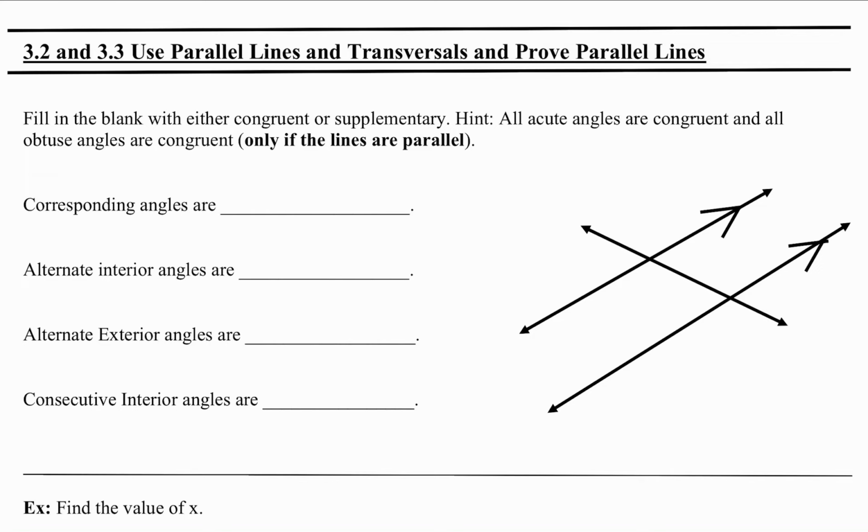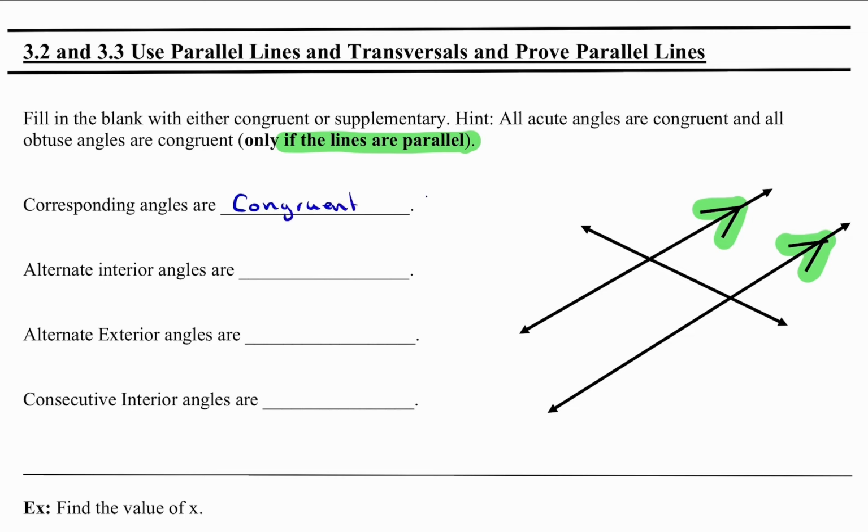We're just going to press on ahead and say, if I know that those two lines are already parallel, what am I going to be able to do? So parallel, you can see these two arrows here are telling me those lines are parallel. All of this only applies if the lines are parallel. So if those lines are parallel, the corresponding angles are going to be congruent.